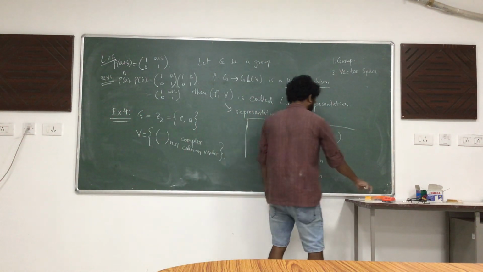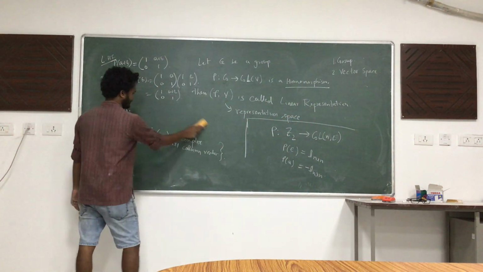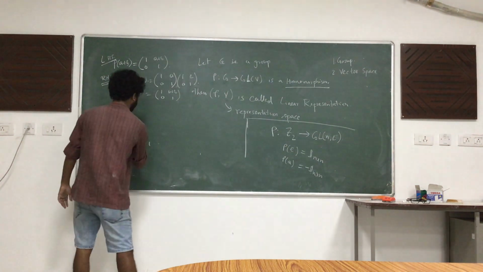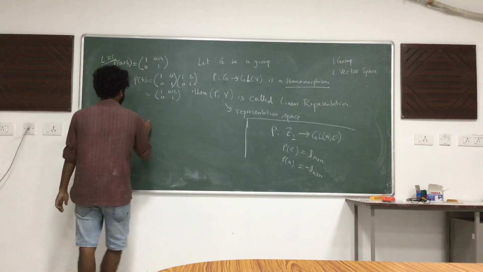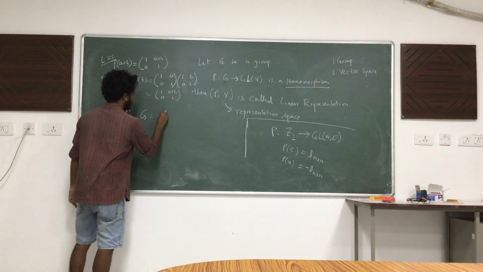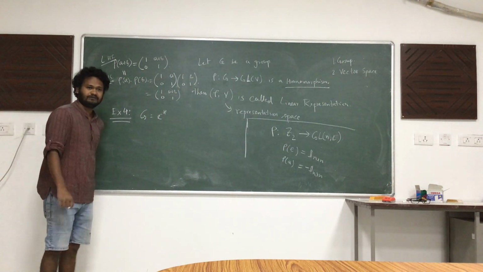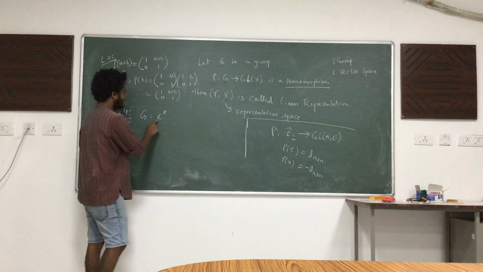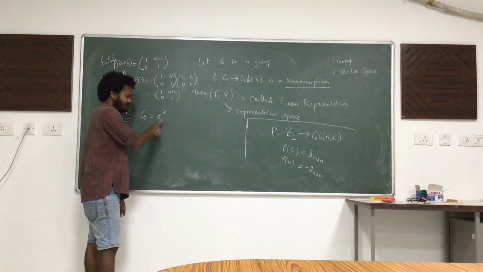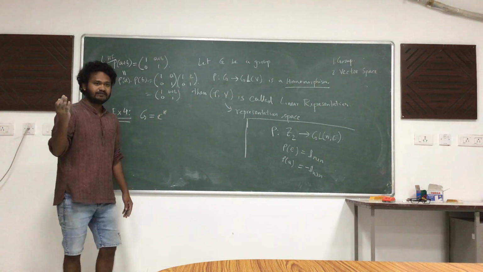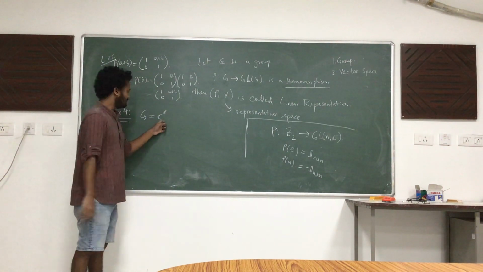Another slightly interesting example can be, let us say, G in this particular case is nothing but all the complex numbers without the zero. So this is a group under multiplication, because C star is basically 0 removed from C, the complex number set.